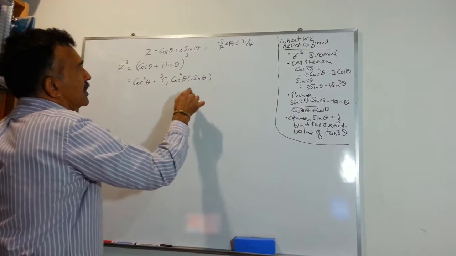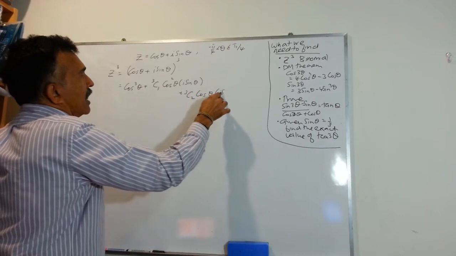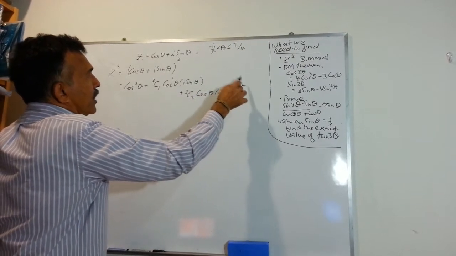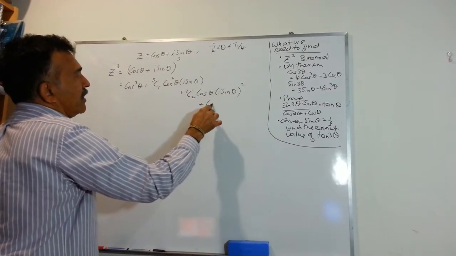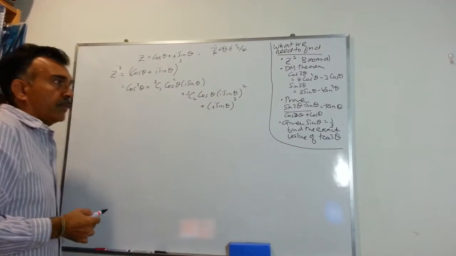Next term will be 3C2 cos theta (i sine theta) squared, and finally we have (i sine theta), whole thing to the power of 3.